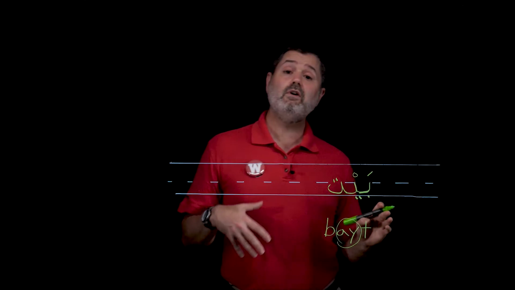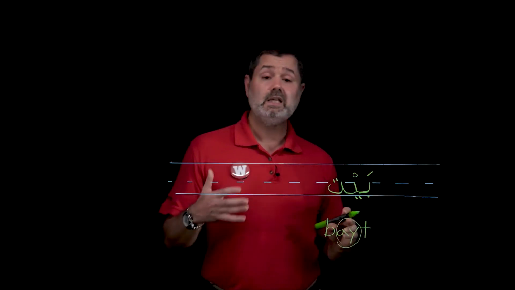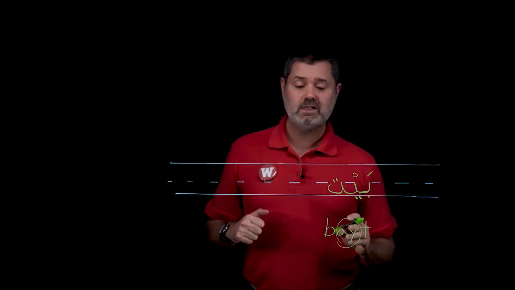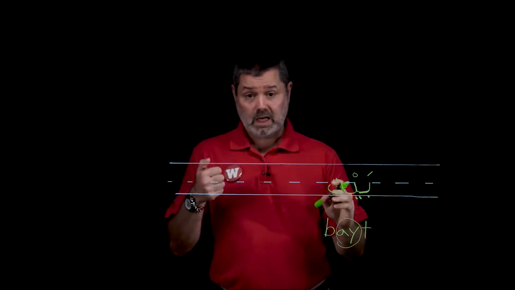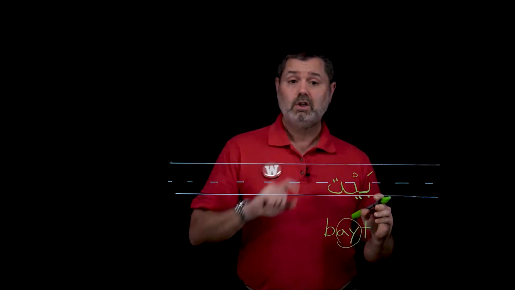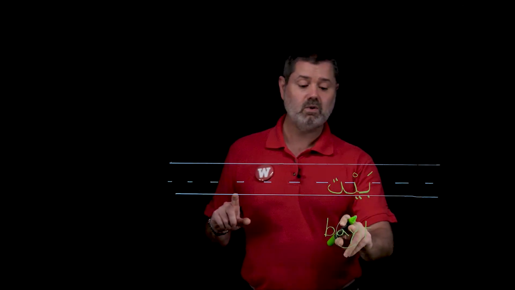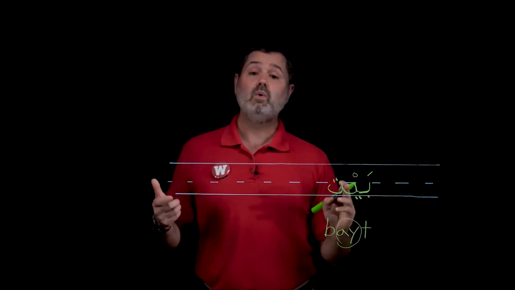And as I said, there are only 2 of these sounds. There are only 2 diphthongs, and the other one is going to work just the same way, very similar. We have a fatha. Now remember, we had two letters that doubled as consonants and vowels. So if I replace this ya with a waw, what am I going to get?